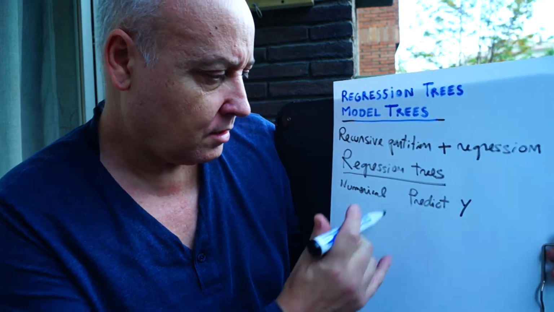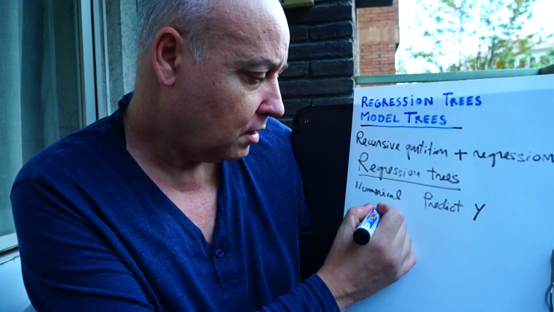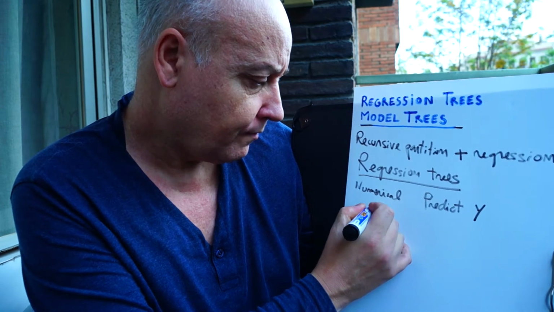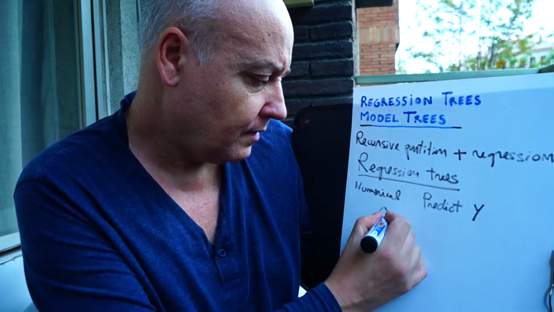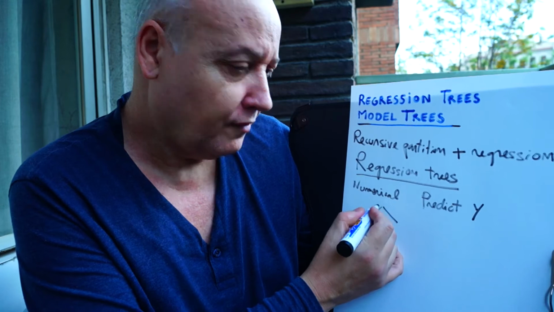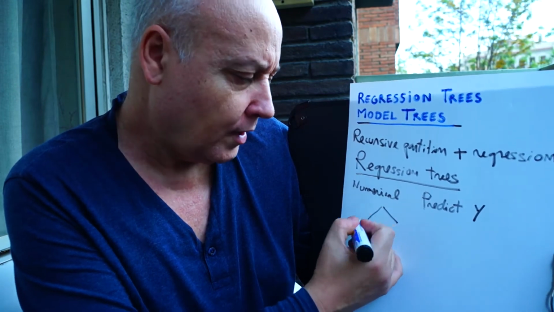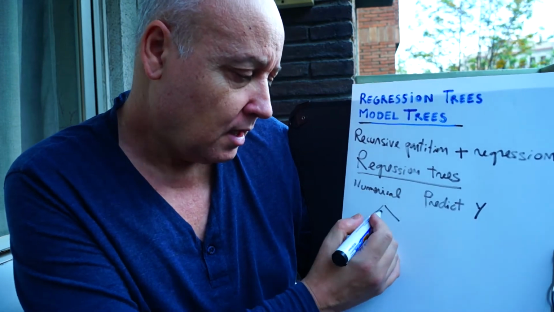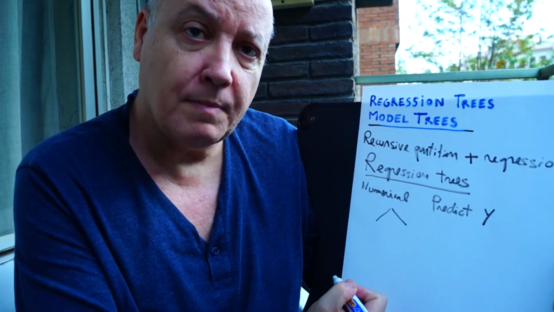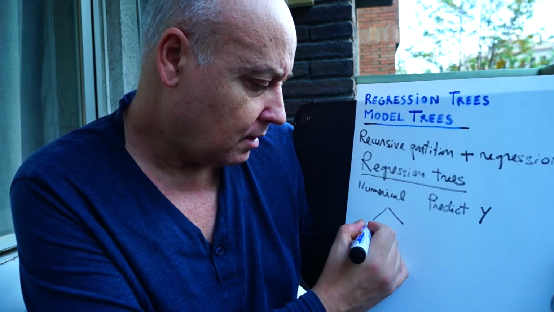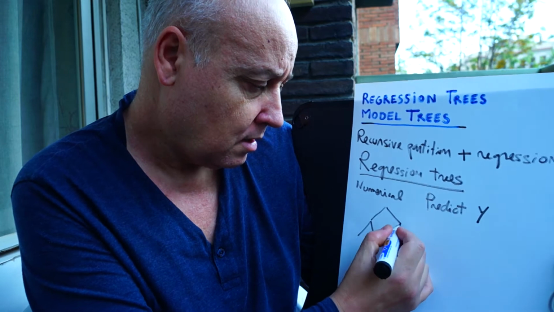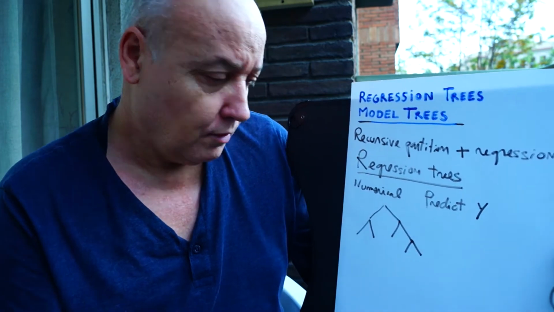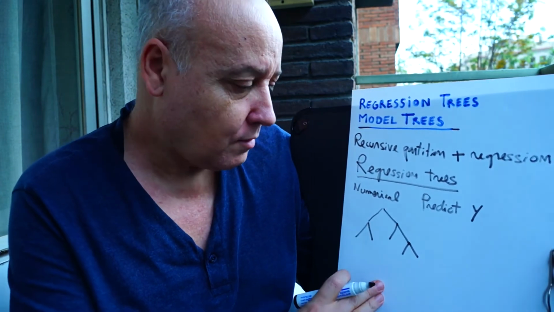And in that case you start doing the partition, so you get rules, and then for the first variable, maybe if it's lower than some value you get one part, if it's higher than the other you get the other part, and so on. And at the end you'll have a tree.